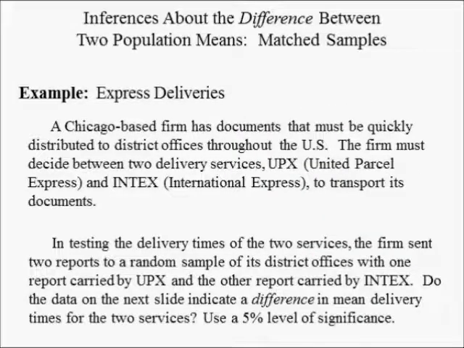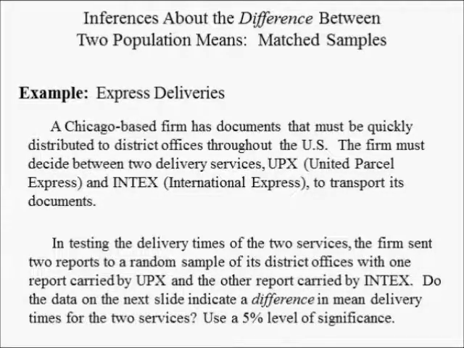Another version of the difference in population means involves matched samples. A test involving matched samples compares a variable collected from the same group of individuals, states, or companies twice. Say before and after a policy is put in place, an advertisement is run on television, or a drug is used.